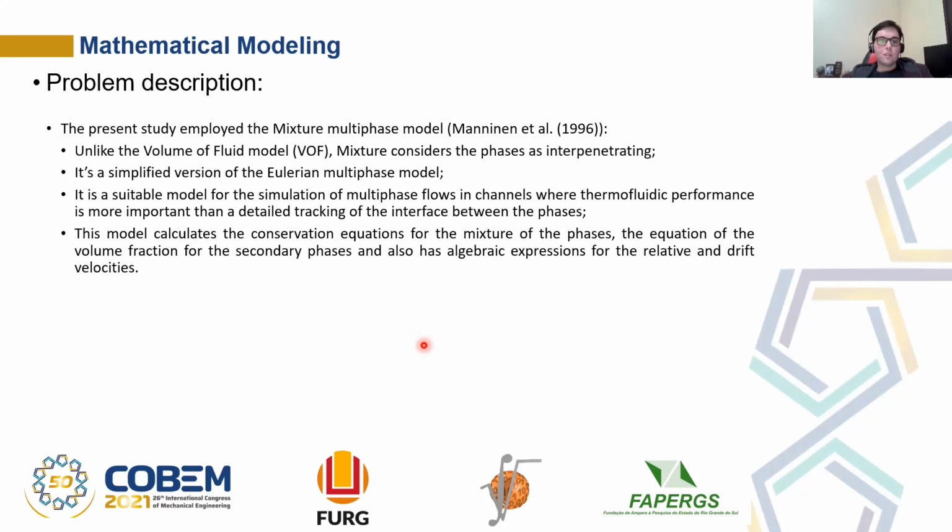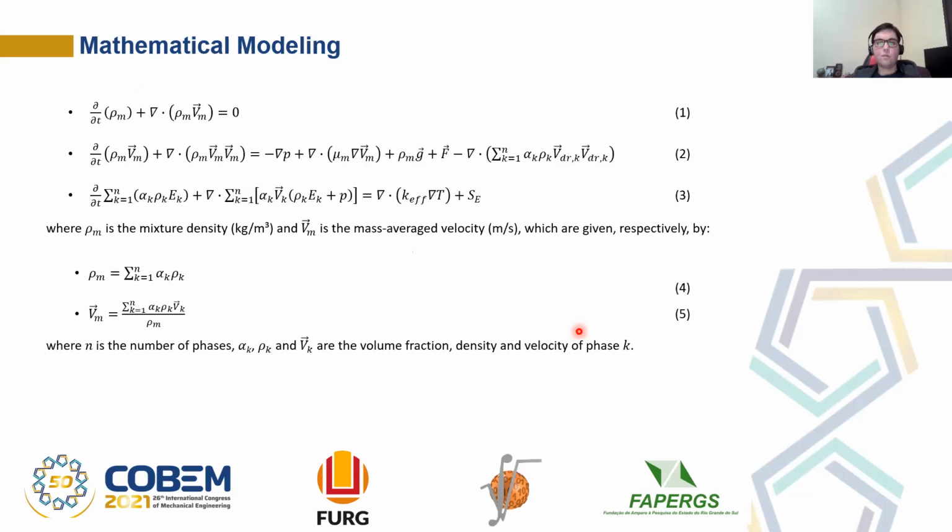In this study, we applied the mixture multi-phase model. The mixture model is actually a simplified version of the Eulerian model. It calculates the conservation equations for the mixture of the phases. It has the equation of the volume fraction for the secondary phase, and the difference between the mixture and the Eulerian model is that the mixture has algebraic expressions for the relative and the drift velocities.